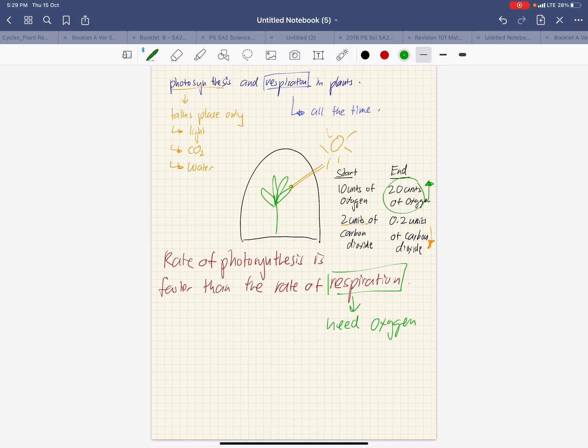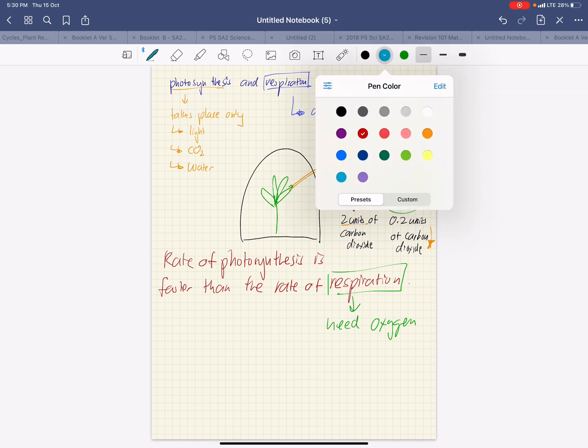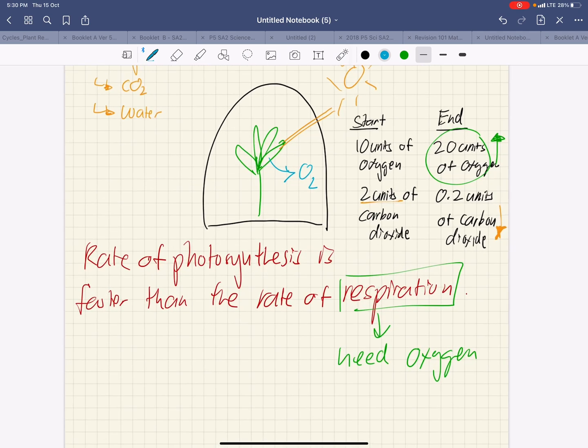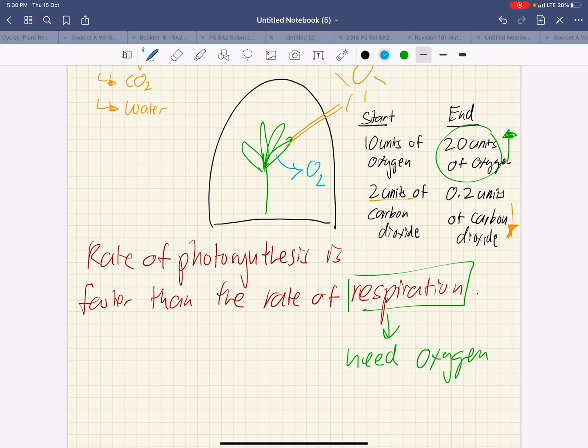However, after using whatever oxygen is required for your respiration, you still have excess oxygen, and that's why your plant is giving out oxygen. This amount of oxygen that is given out is actually the excess after you have removed the amount that you need for your respiration.